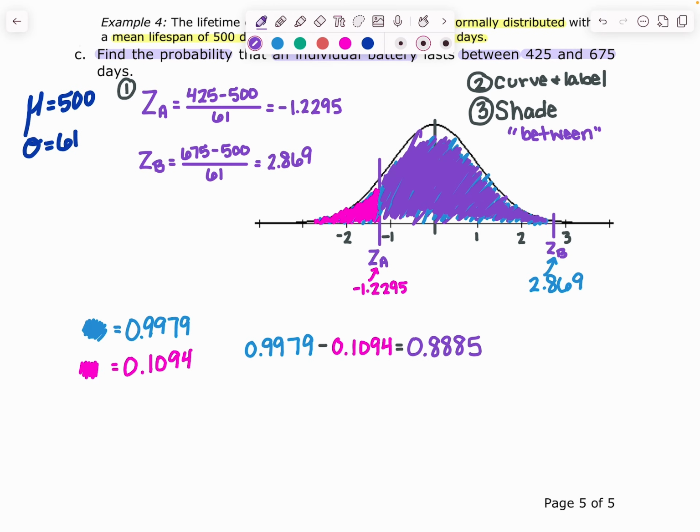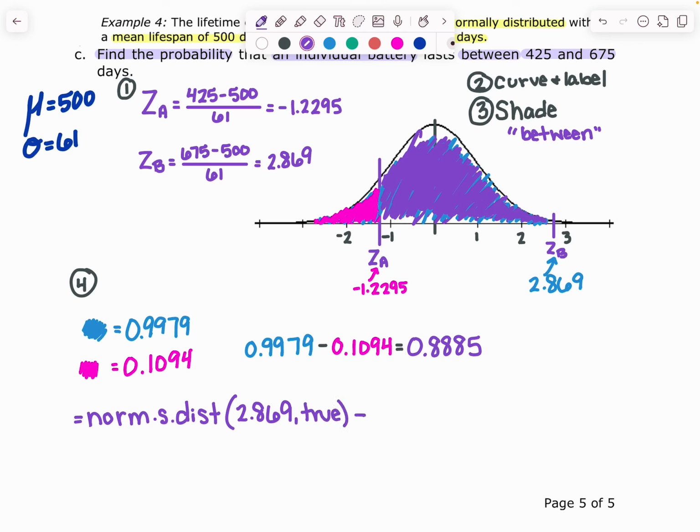If you wanted to do this all at once in Excel, this was all step 4, you could do norm.s.dist 2.869, comma, true, minus norm.s.dist negative 1.2295, comma, true.